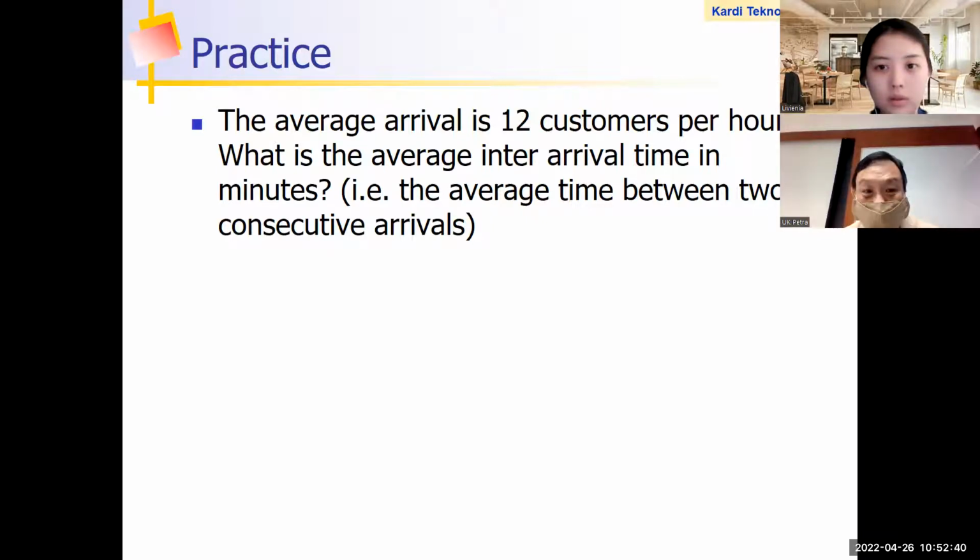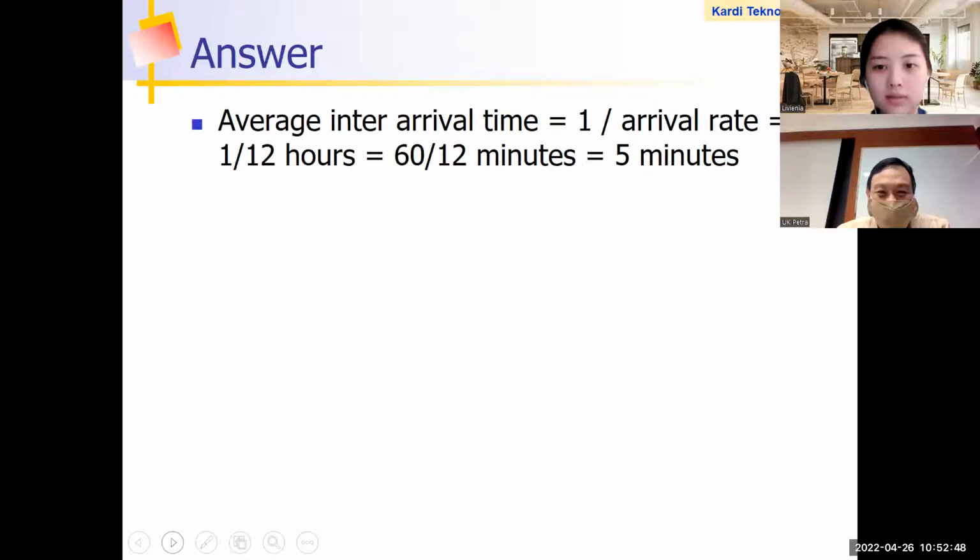How many? 60, right? So that is just 5 minutes. 60 divided by 12, that is 5 minutes. Clear or not? Easy, right? So you know the headway compared to the flow rate.